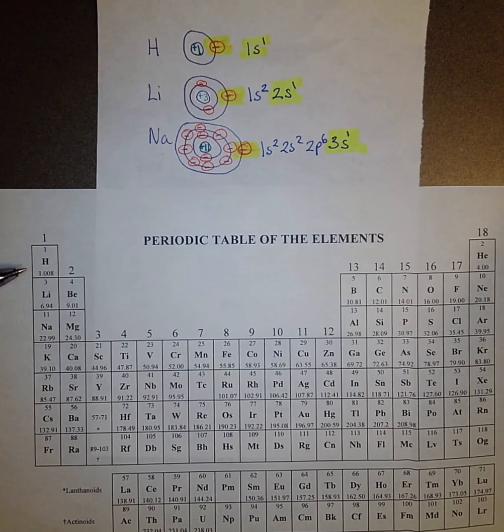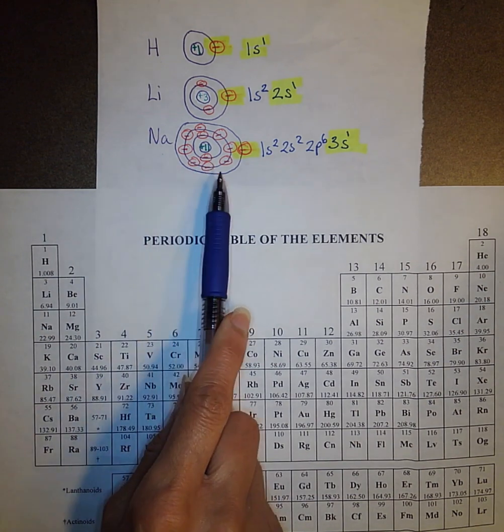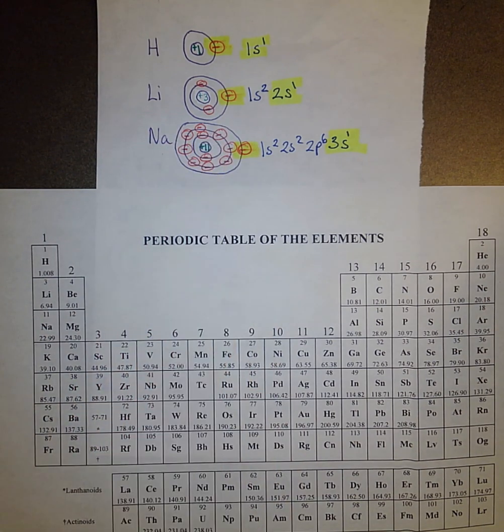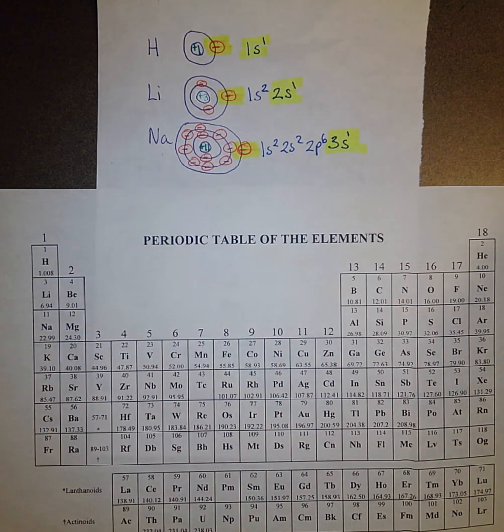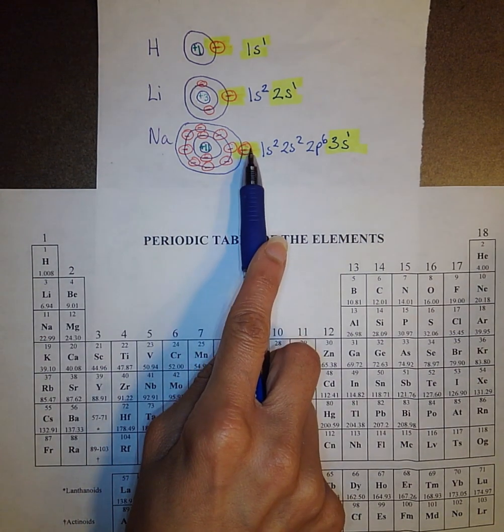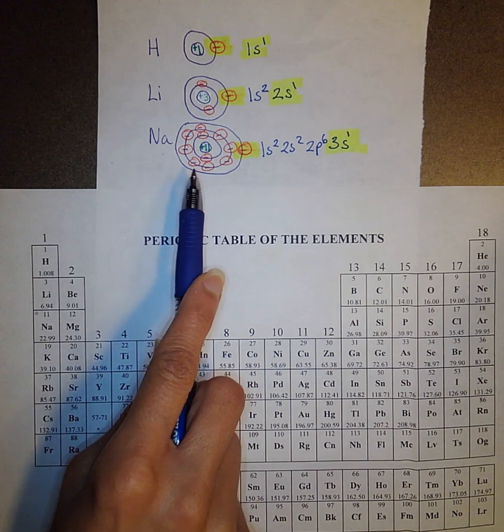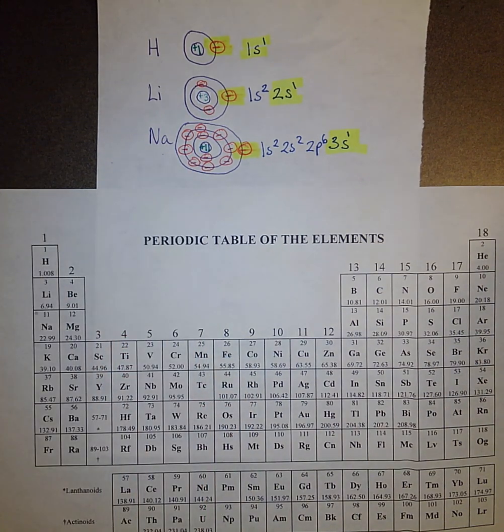Okay, so as we look down the group, notice how the atom keeps getting bigger and bigger as you move down the group. And as your atom gets bigger, there are more electrons that are in the way. Because these electrons are in the way, all these electrons are being attracted to the nucleus, which is made up of protons. So this valence electron has a whole bunch of other electrons that are shielding it from the nucleus.